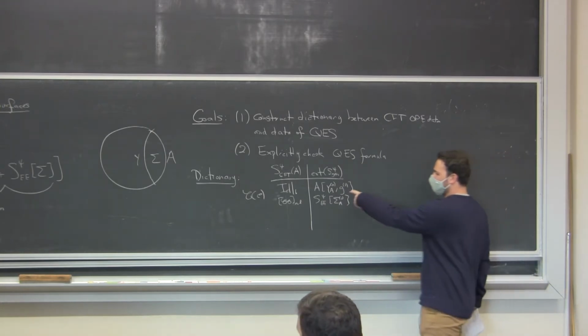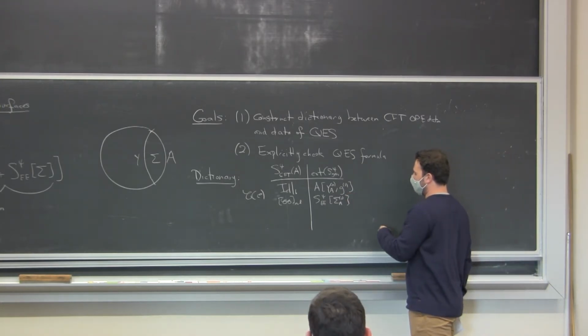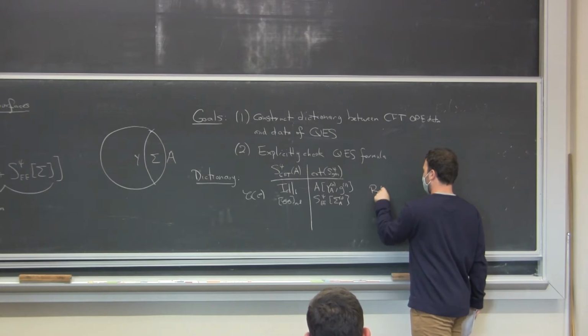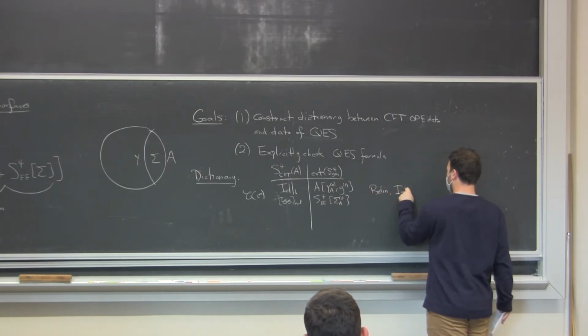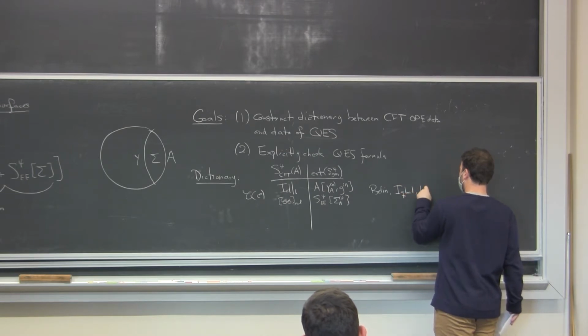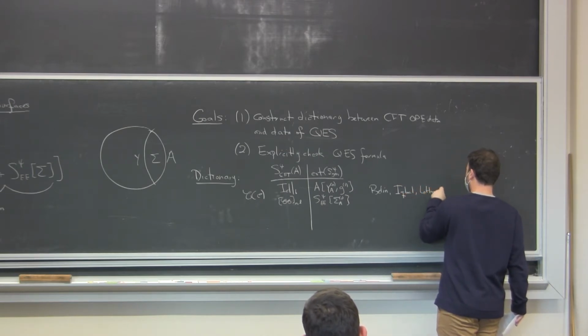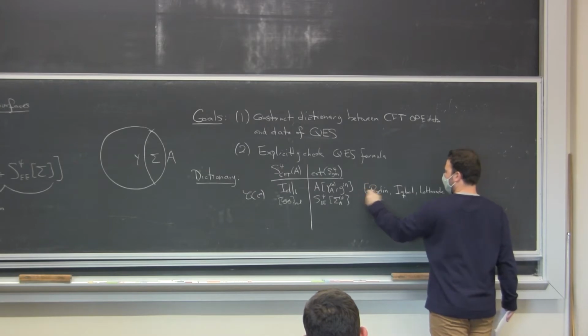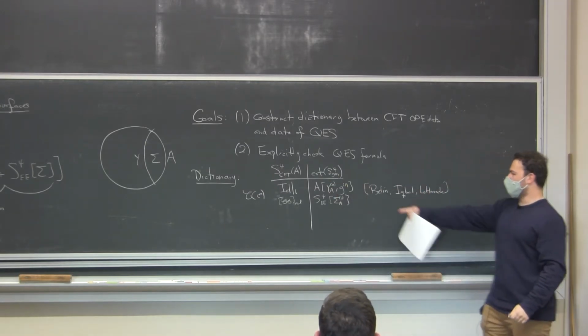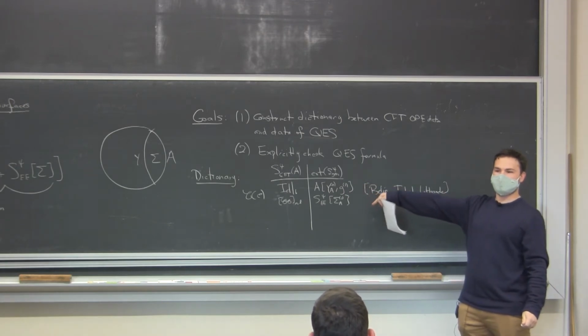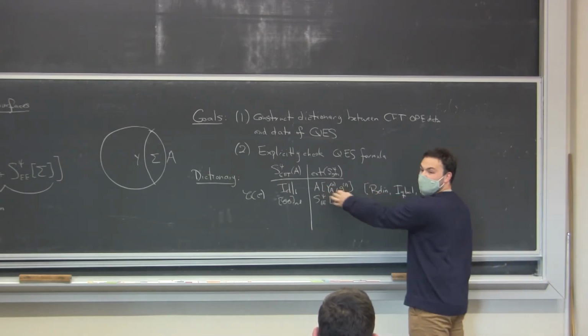And this was explicitly computed by Belin, Iqbal, and Lokhande. And they computed these two sides and matched them and constructed this part of the dictionary. So this is what they call FLM order, Faulkner, Leigh, Maldacena, where there's no extremization here.